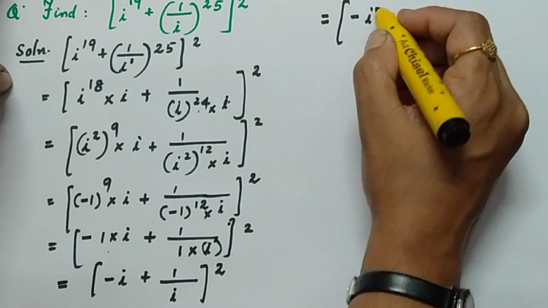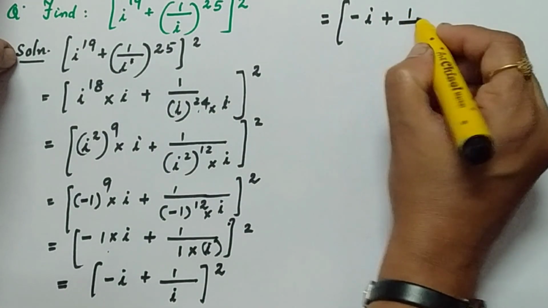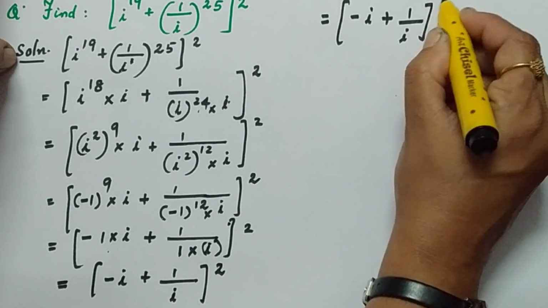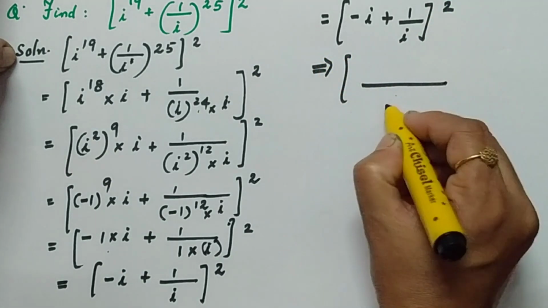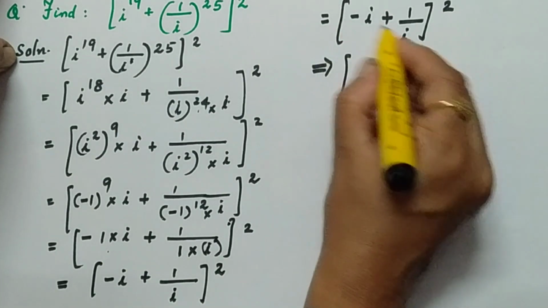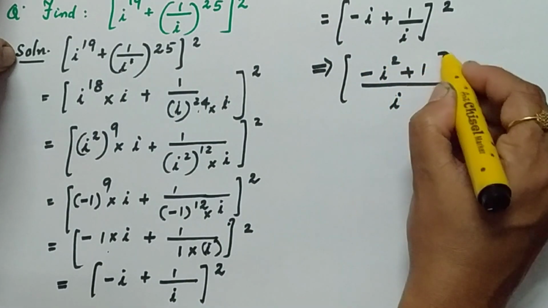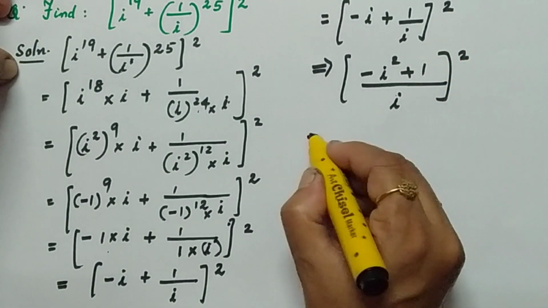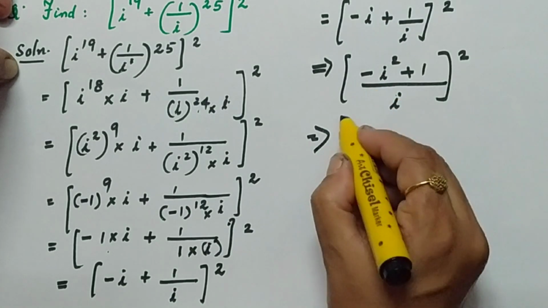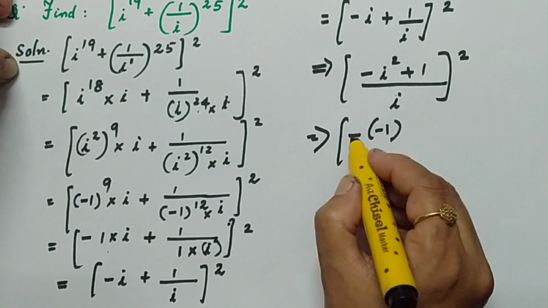Minus i plus 1 by i the whole square can be written as, taking LCM as i, upon minus i into i minus i square plus 1 the whole raised to 2. Again, minus i square is minus 1. This is the minus in the formula.